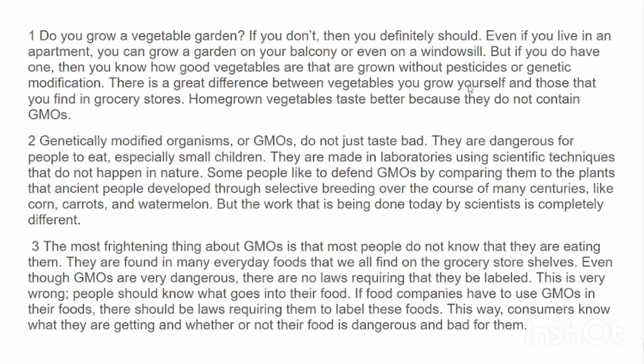There's a difference between vegetables you grow yourself and those that you find in grocery stores. Homegrown veggies taste better because they do not contain GMOs. And it goes ahead to back up this information by telling you more about the GMOs. So these are basically his evidence that homegrown vegetables are better, in other words.